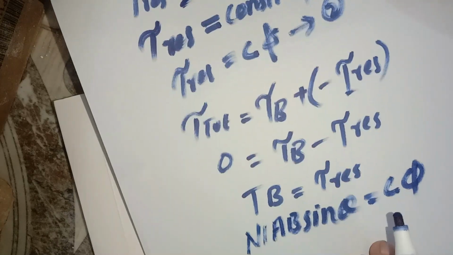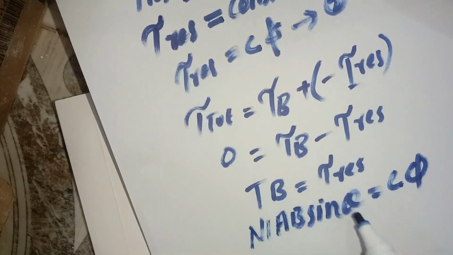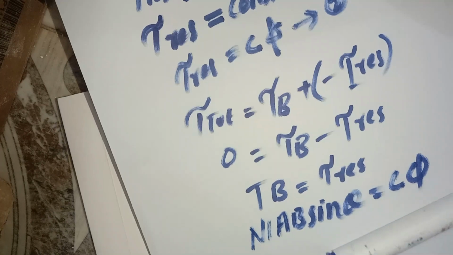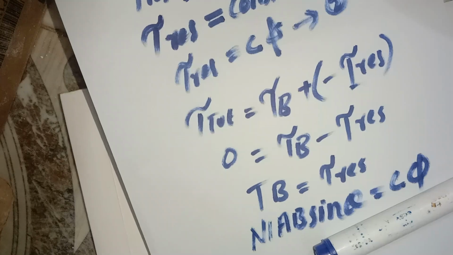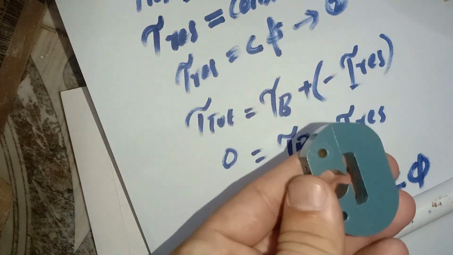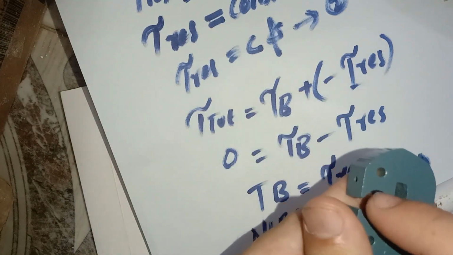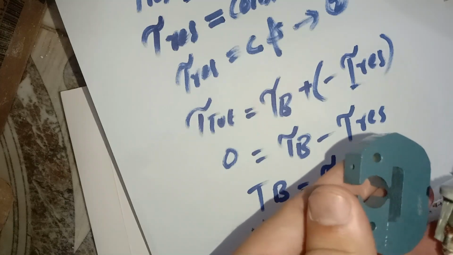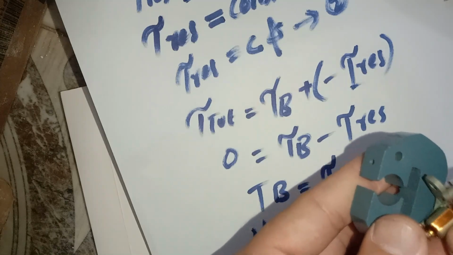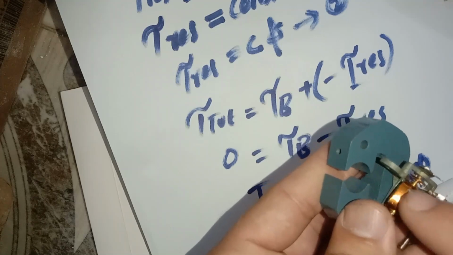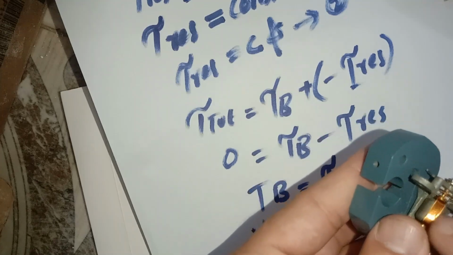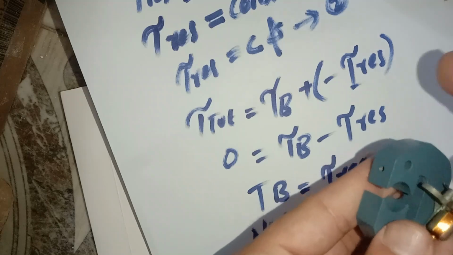In this case, theta will be 90 degrees because this magnet has a concave shape, and at every angle of this coil, it will be perpendicular to the external magnetic field.